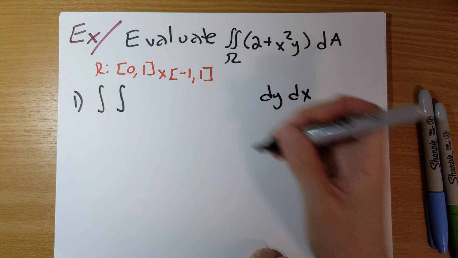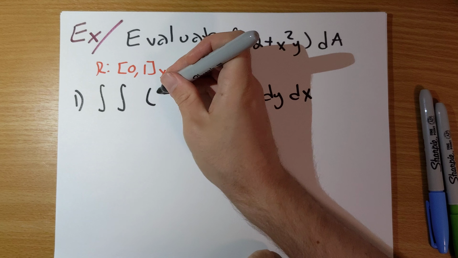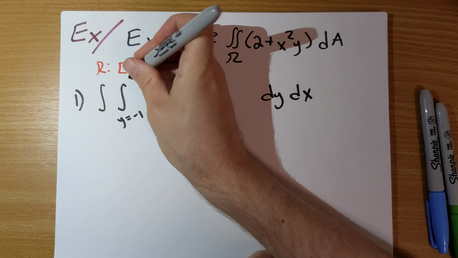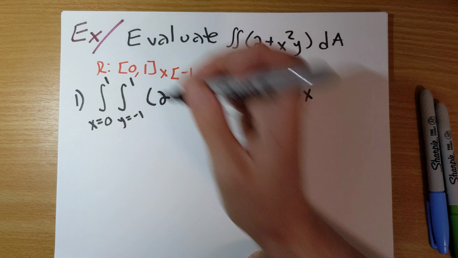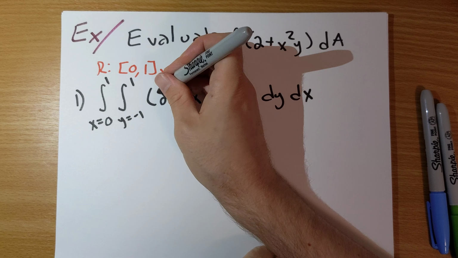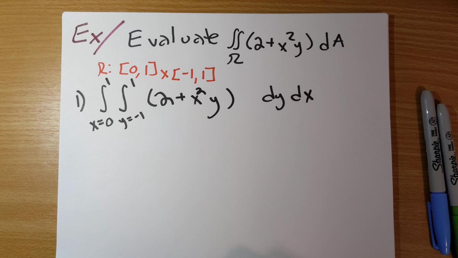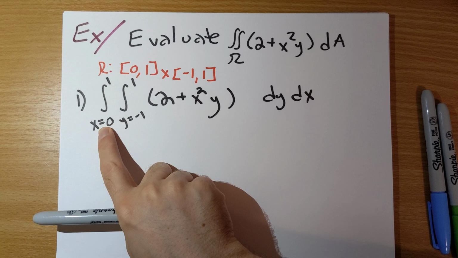That means our inside integration is going to be with respect to y. So y is going to run from negative 1 to 1, and x is going to run from 0 to 1, of 2 plus x squared y. Let me point out a little bit of notation here.